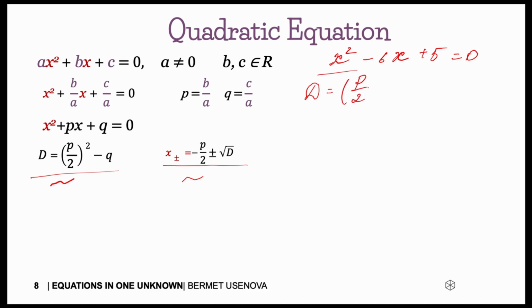As you can see here, we have the following formula. P is minus 6 and q is 5.